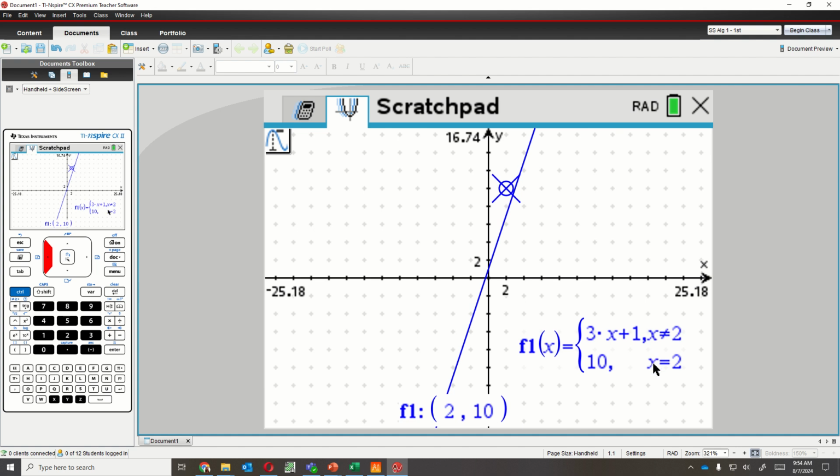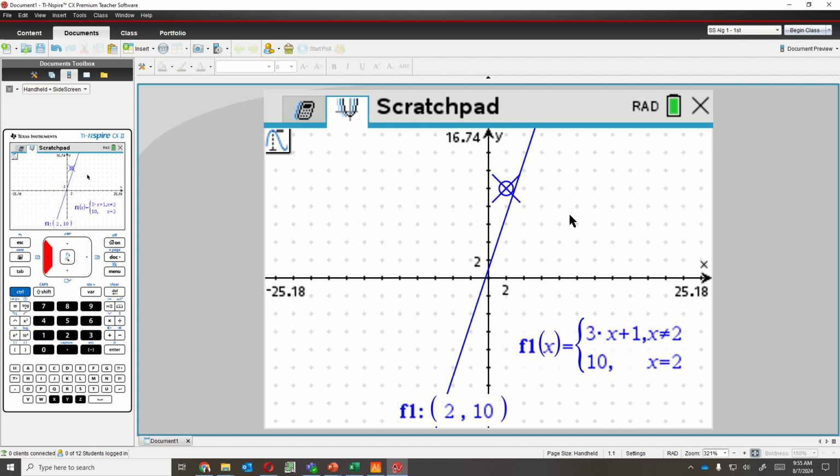So even though this does exist up here, because it doesn't exist for this function at 2, it's still going to be the limit, which is going to give me 7. Do you understand why? Okay, good. So, for this function, can I plug in 2?